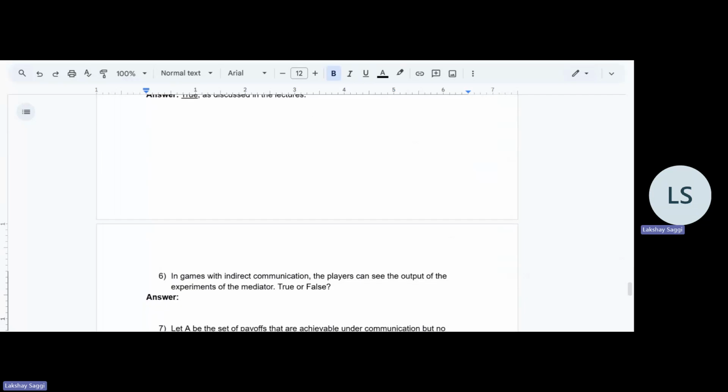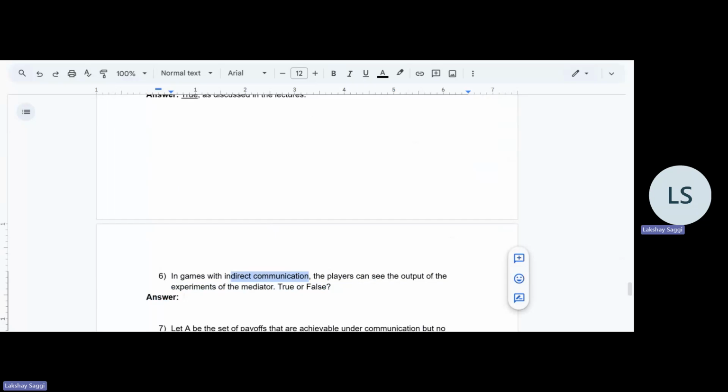So the information which we are hiding is precisely this, the output of the experiment. The players can only guess with some probabilities what the output of the experiment is, but they don't know the true output in indirect communication. But they know the exact output in direct communication. So if the question asks about just direct communication, then players can actually see the output of the experiment.